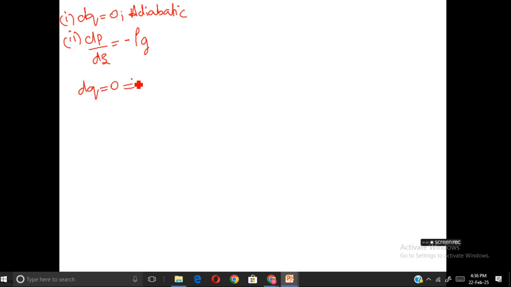Let me tell you once more. The first assumption is dq is equal to 0, since all atmospheric motions and processes are considered to be adiabatic. And the second assumption is the parcel will always be in hydrostatic equilibrium, which means dp by dz is equal to minus rho g. Since dq is equal to 0, we can write dq is equal to d of h plus phi, which is equal to d of cpT plus phi is equal to 0.